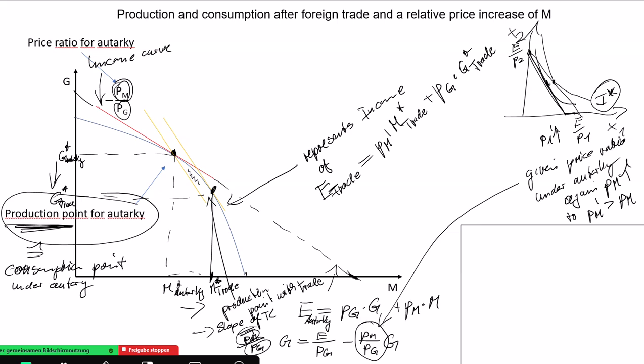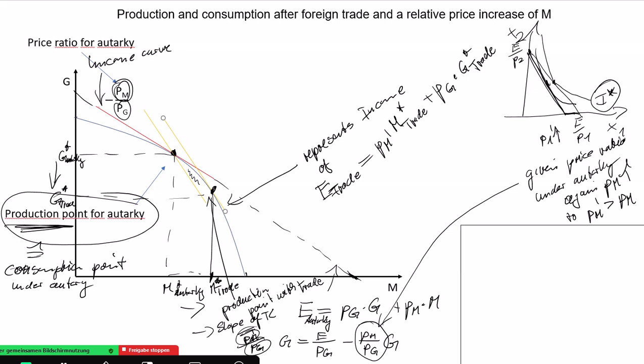And with these euros, US dollars, I can also start buying at the world market. And now we are switching to microeconomics, interpreting this as a budget line.